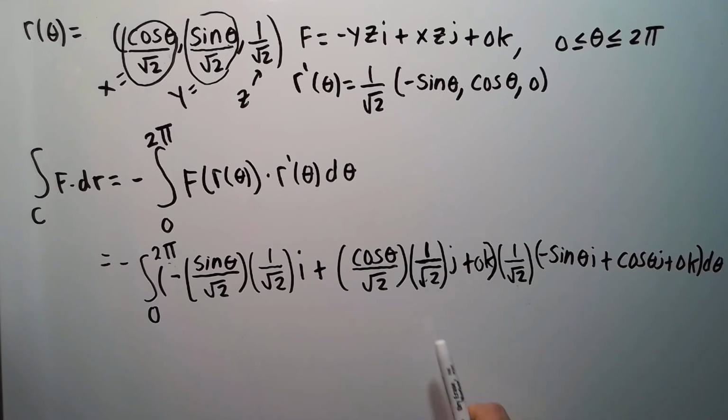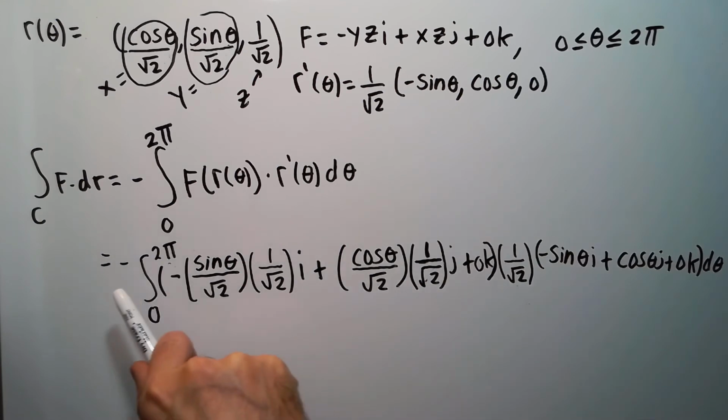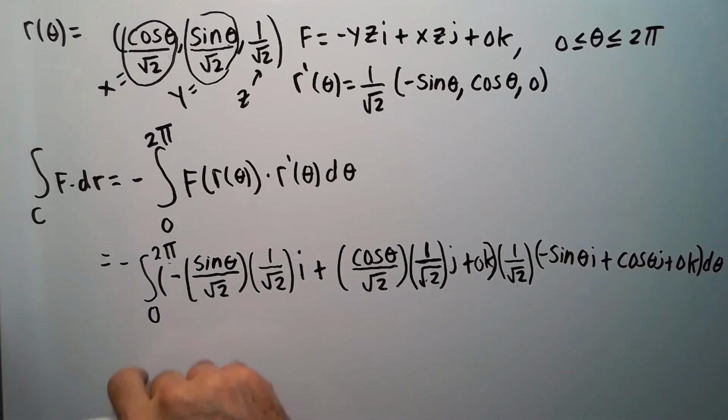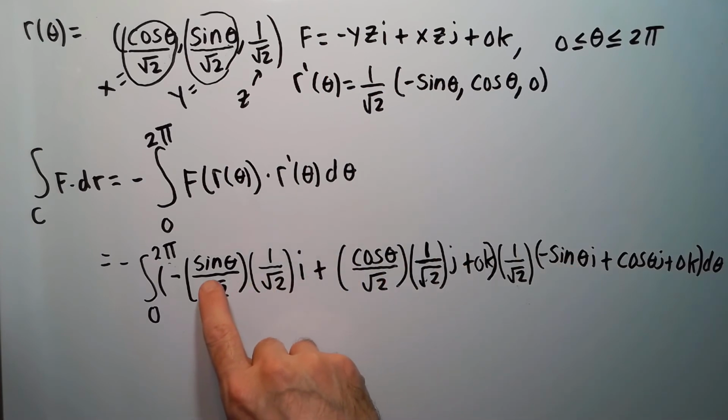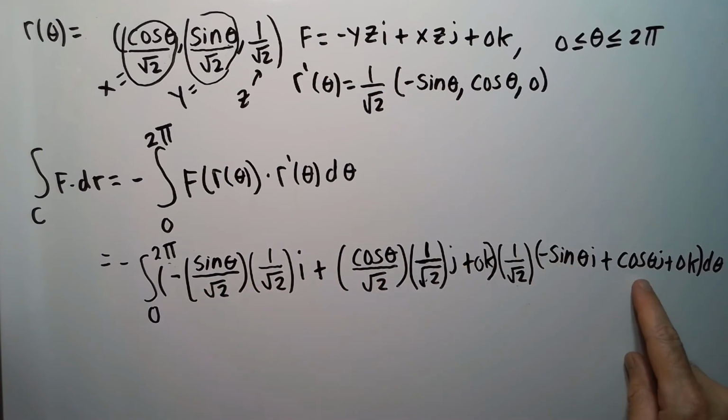So I have a square root of 2 here, and here, and here. I can actually pull that in front of the integral. And then we'll dot these also. So it'll be negative sine times negative sine here, cosine times cosine here, and 0 times 0 here.